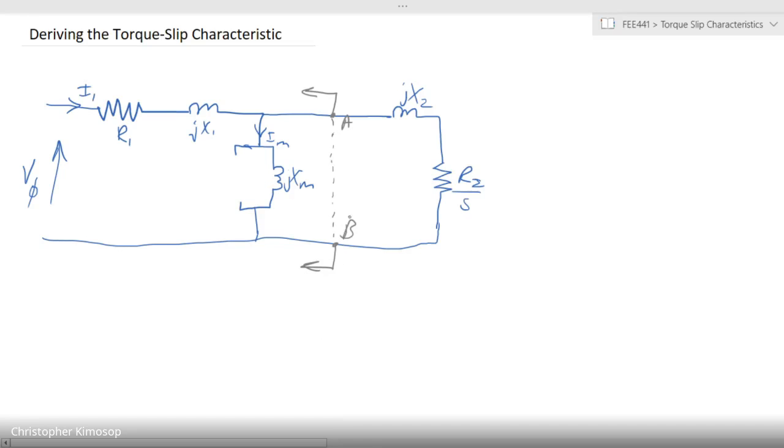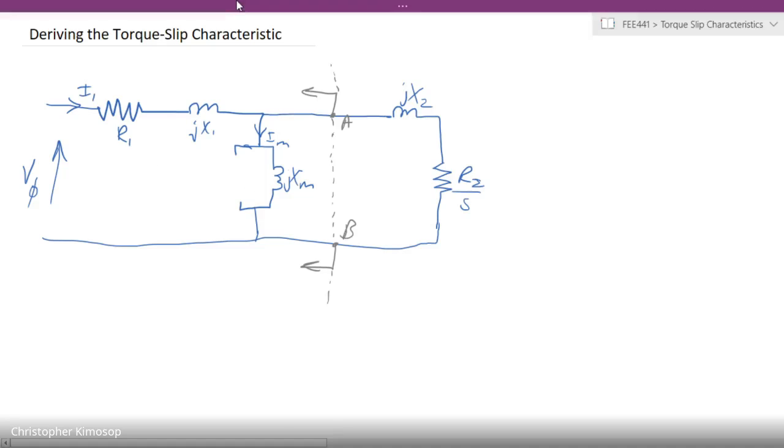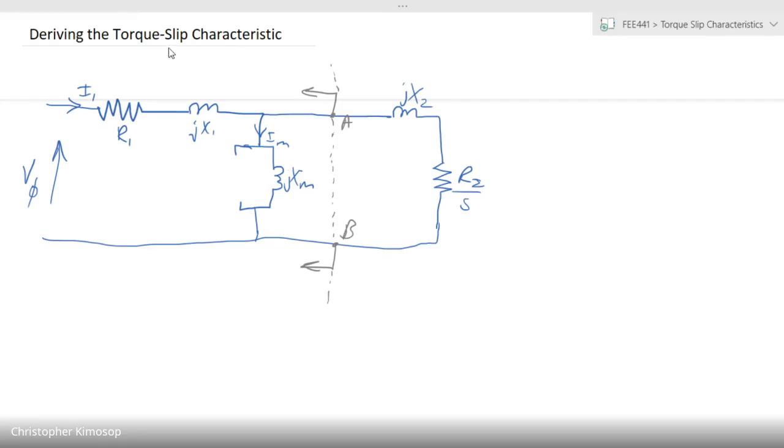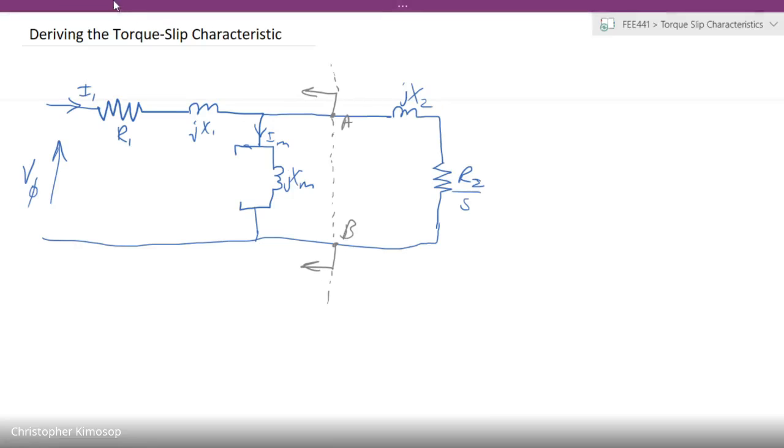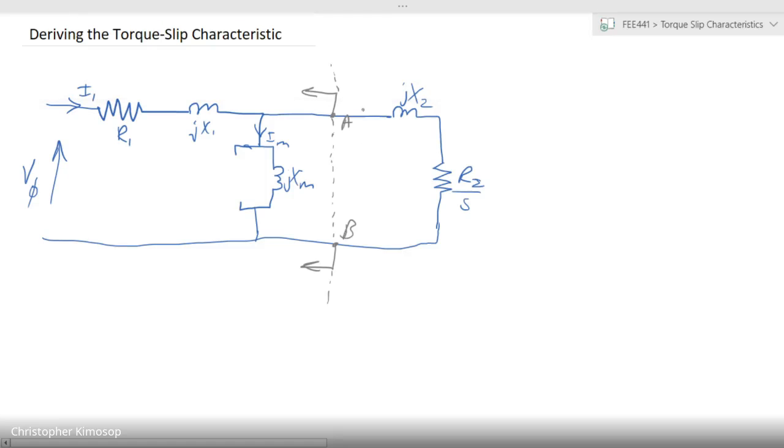So we split the circuit into two, and we assume that this is our load side and the other side is our supply side, or the Thevenin voltage side. And that would mean that at this point, I2 is the equivalent of our current supplied by our Thevenin voltage, right?